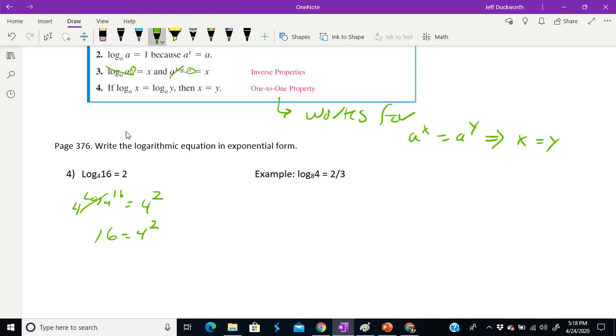I've got another example. I'm going to work it out in the same manner. I'm going to use my base of 8 here, so I'm going to make 8 my a. So that's what we have here. Again, these cancel. And I'm left with 4 equals 8 to the 2/3 power.